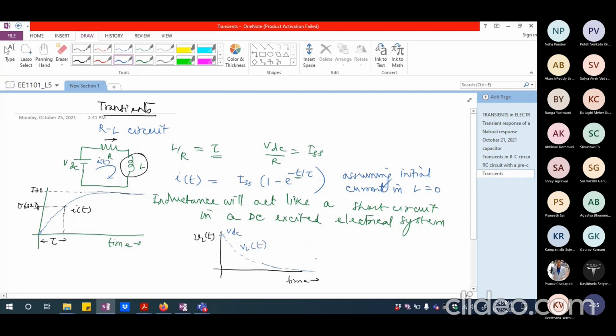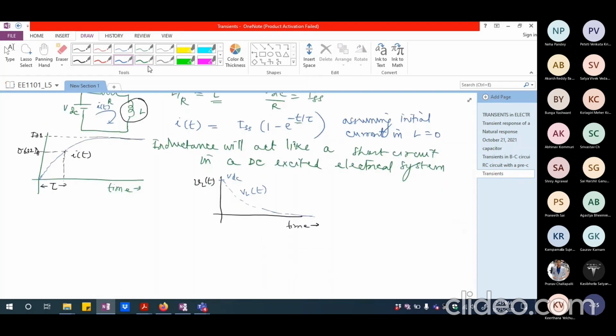Okay, fine. The same way we looked at the RC circuit also. In the case of the RC circuit, we again have a voltage source, and we have R and the capacitance. We are assuming that the initial voltage across the capacitance is 0.